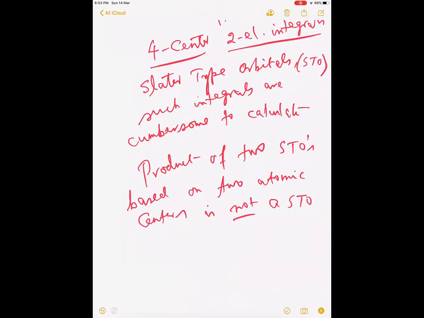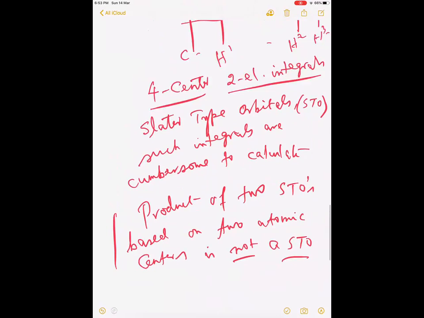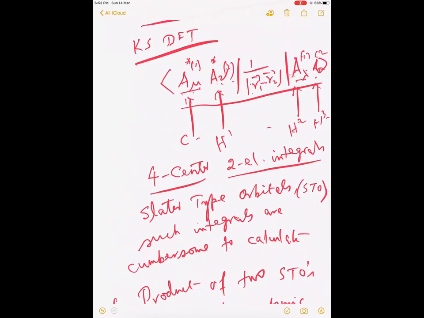So I don't get a Slater orbital if I multiply 2 Slater orbitals. This is the mathematics. I will not qualify anything more. And this makes it complicated to reduce the 4-center to any lower number of centers.